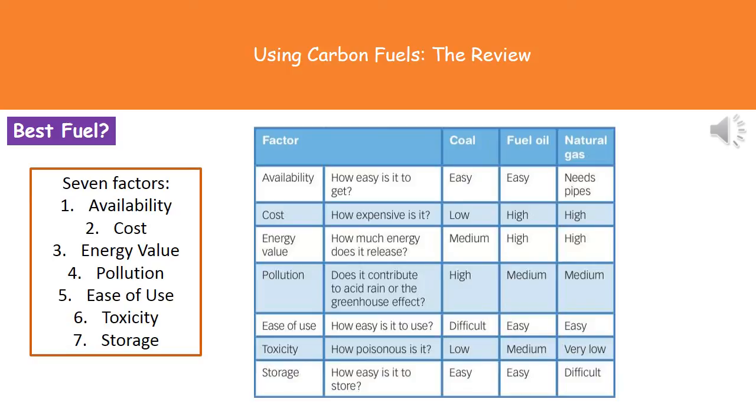Whereas if we're looking at the advantages, if we look at fuel oil, then we can see it has a high energy value, so that means it's going to release a large amount of energy per kilogram of fuel that we burn. So when you get one of these questions with a table, make sure you read carefully to see whether they want you to give advantages or disadvantages or a combination of both, and then use the information from the table.